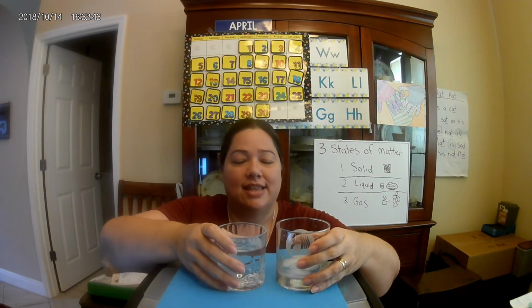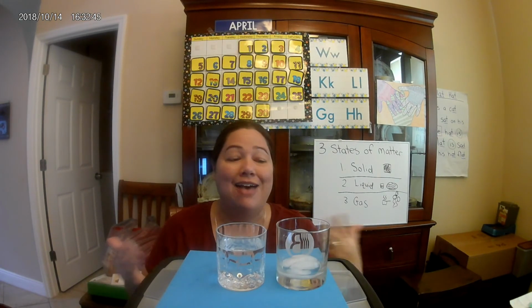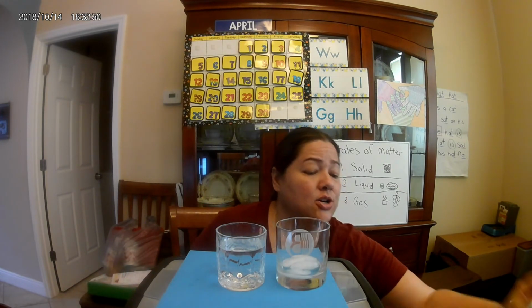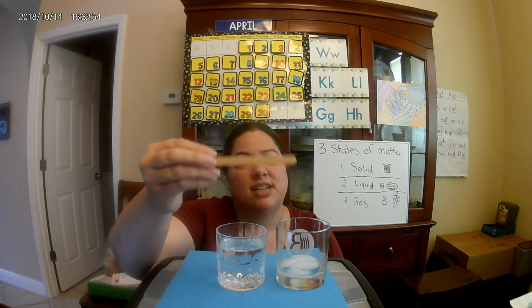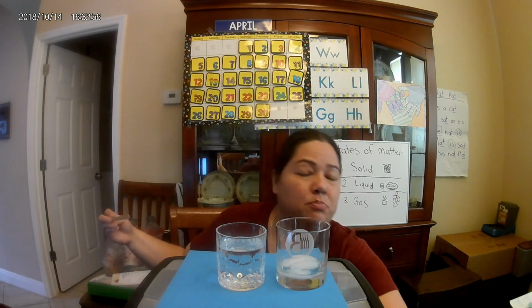So water is a liquid, and liquid takes whatever shape the container is in, unlike a solid. A solid is always going to stay the same. This popsicle stick is always going to stay a popsicle stick. This block is always going to stay a block, no matter what I do to it.